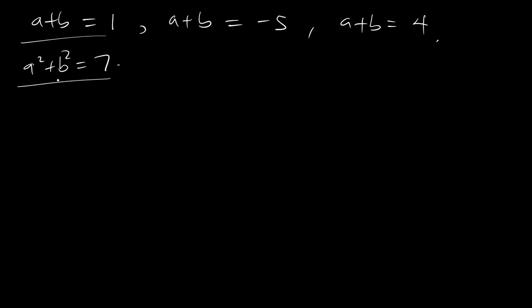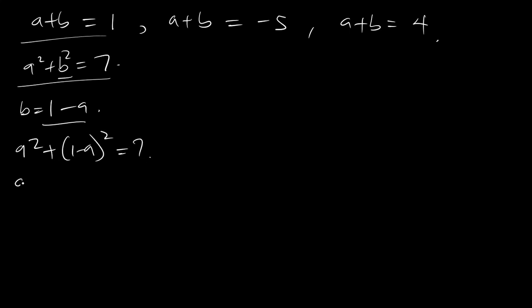So now let's check. From this equation, we have b equal to 1 minus a. So if you substitute 1 minus a into this place, you have a square plus (1 minus a) square is equal to 7.